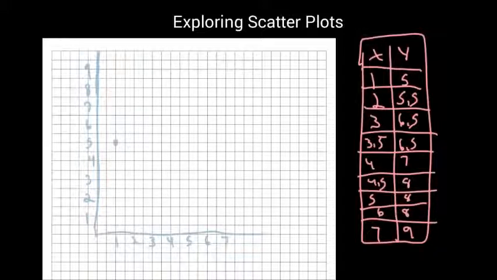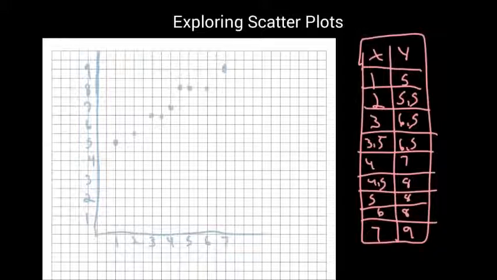So 2 was 5.5, 3 was 6.5, 3.5 was 6.5, 4 is 7, 4.5 is 8, 5 is 8, 6 is 8, and 7 is 9.